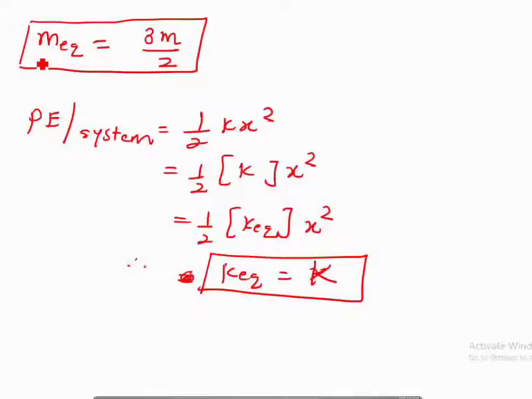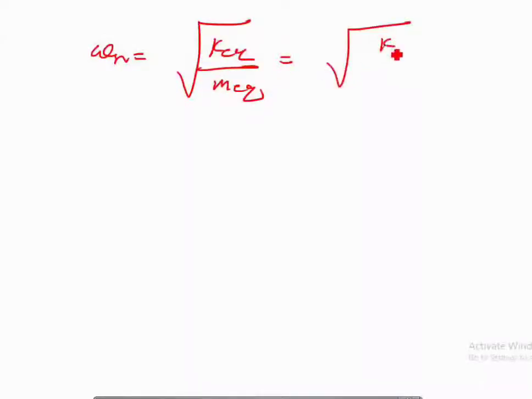This is called the equivalence method, and with the help of this method you can convert multi-mass, multi-spring or multi-damper problems into a single equivalent mass, equivalent spring or equivalent damper. Now let us say they have asked you to find the natural frequency. No need to go for the derivation, directly use the formula: omega n equals square root of k equivalent upon m equivalent, that is k divided by 3m by 2.